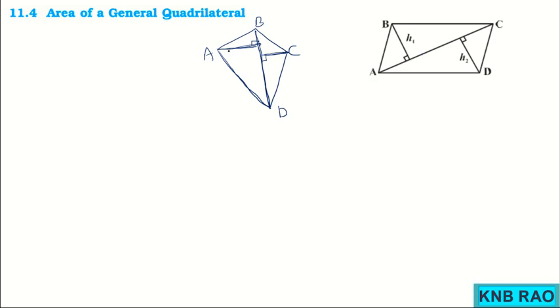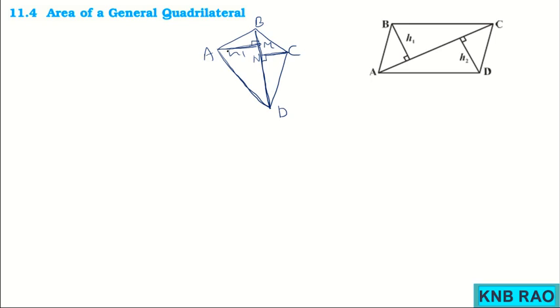H1 is the height of the perpendicular dropped from A to the base BD. Later, I can say here AM is the perpendicular to BD, CN is perpendicular to the BD in triangle ABD and CBD respectively.